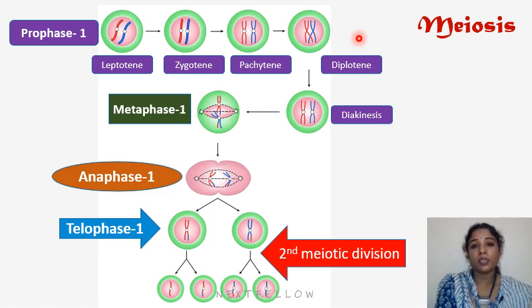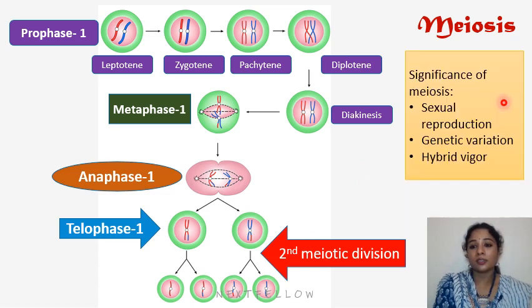Here, haploid number of chromosomes but diploid DNA. Here, the haploid number of chromosomes and haploid amount of DNA. So that is the final second meiotic division. So this completes the meiosis.